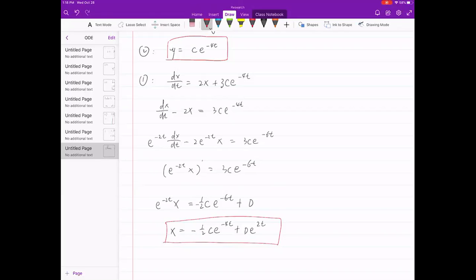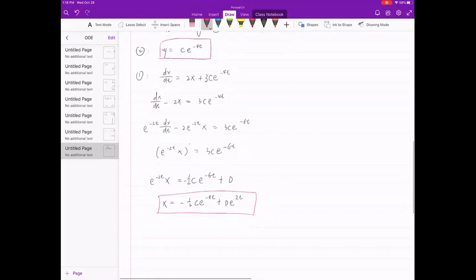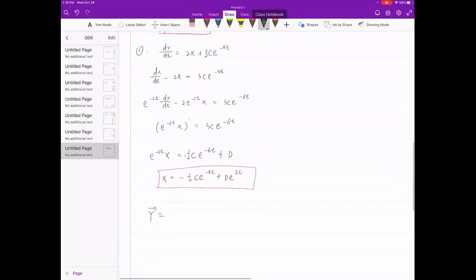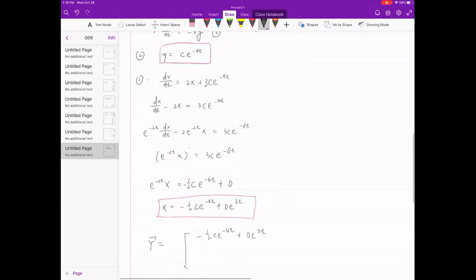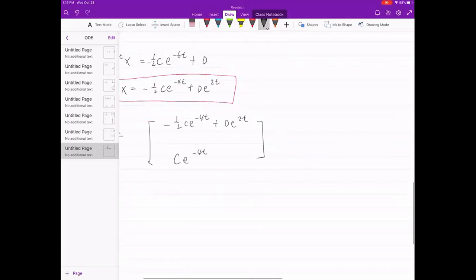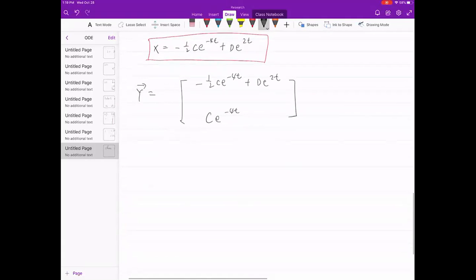Sounds good. With a partially decoupled system, we can solve it by old knowledge. Now what we can do is put them together. Your x is this, and your y is this.